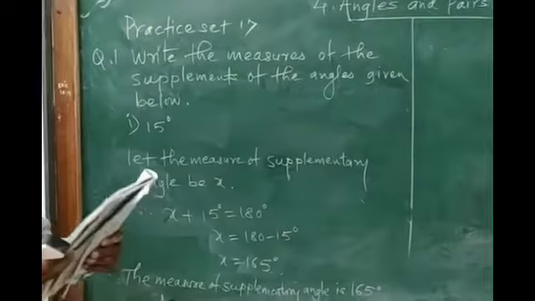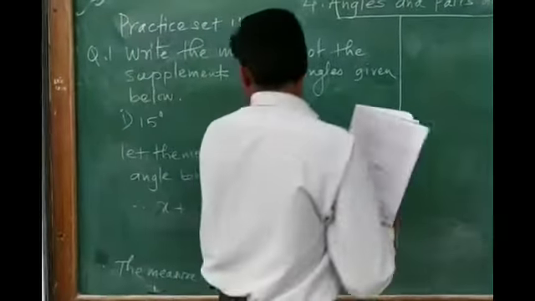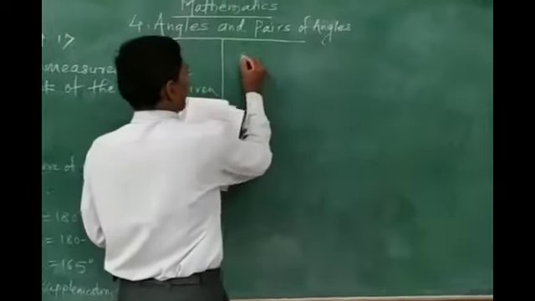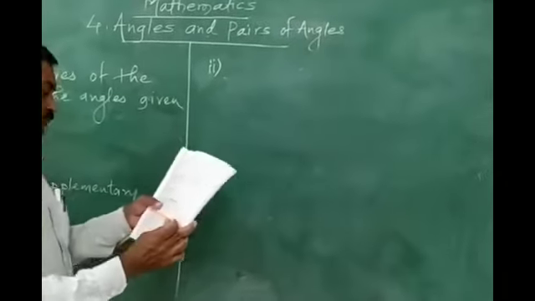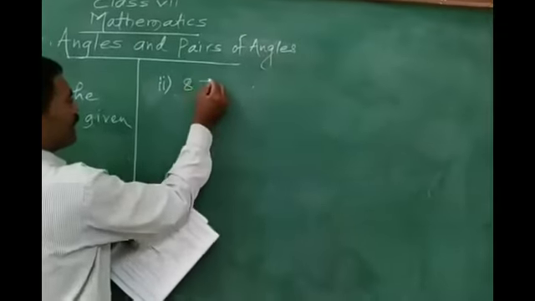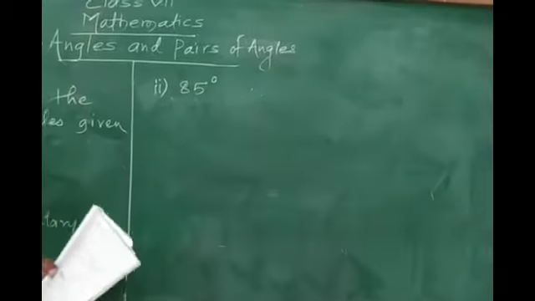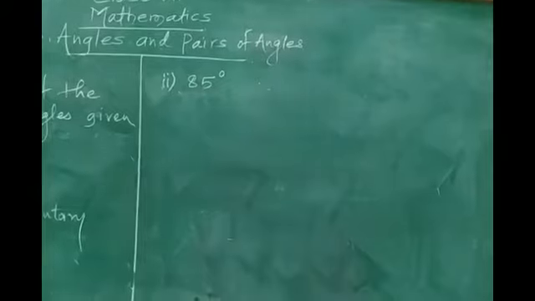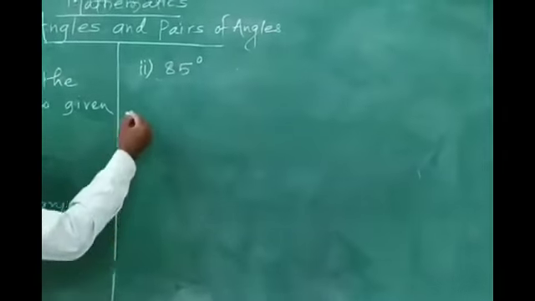In the first question, a total of 7 are given. Second, we are going to solve here, the measure is given as 85 degrees. We have to find supplements. Supplements means the measure of the supplementary angle.